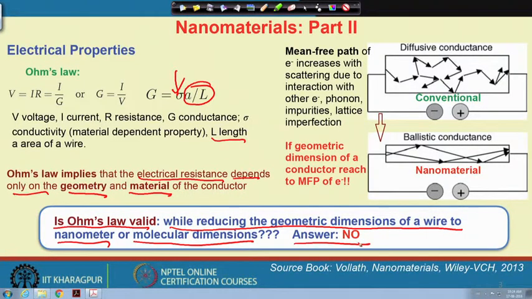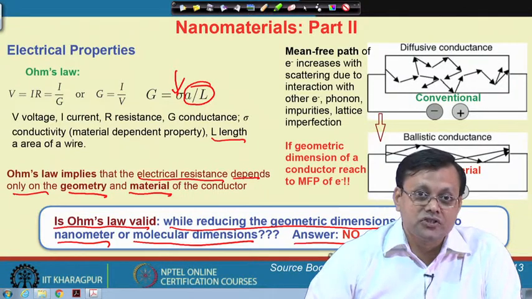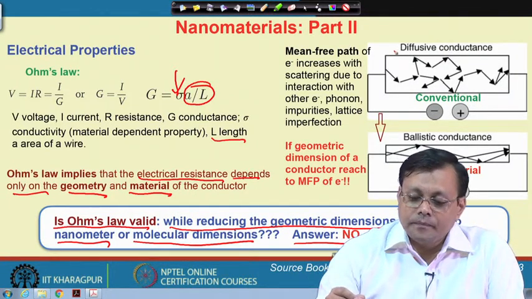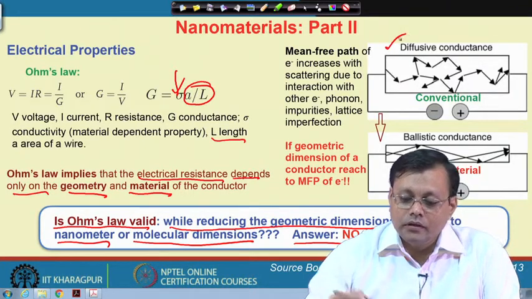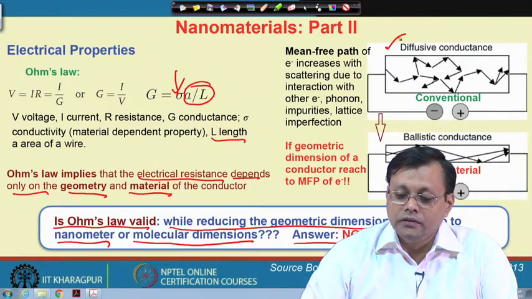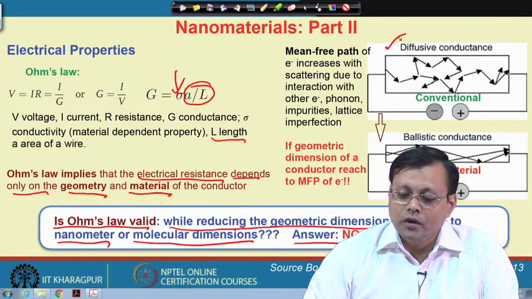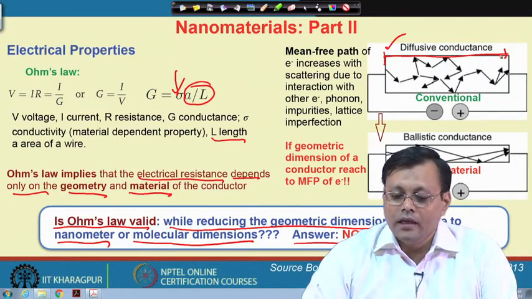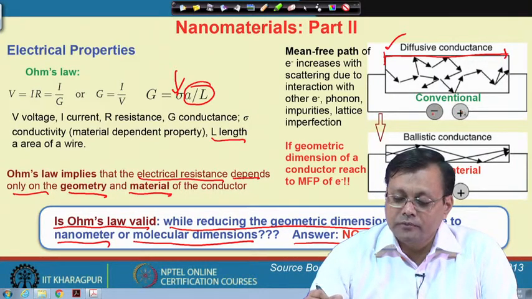To understand this matter, we first need to understand the basic fundamental of conductivity in a material. What is the way the electron makes a material conductive as well as carries the charge? The conductivity is basically manifested by the diffusive conductance, which means that I have a wire of finite length, and let us say this is the negative side and positive side.